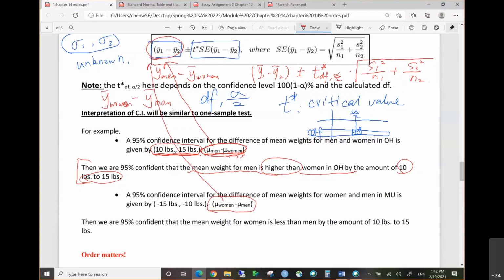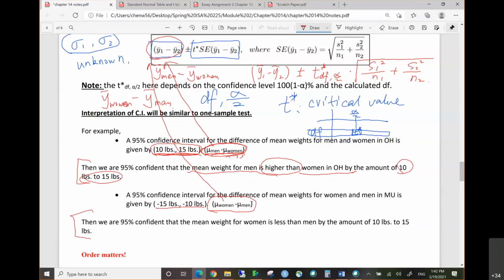So the order is changed. That means your confidence interval will be a negative confidence interval. But you cannot interpret a negative weight, right? It doesn't mean anything. So in this case, you need to change your way.